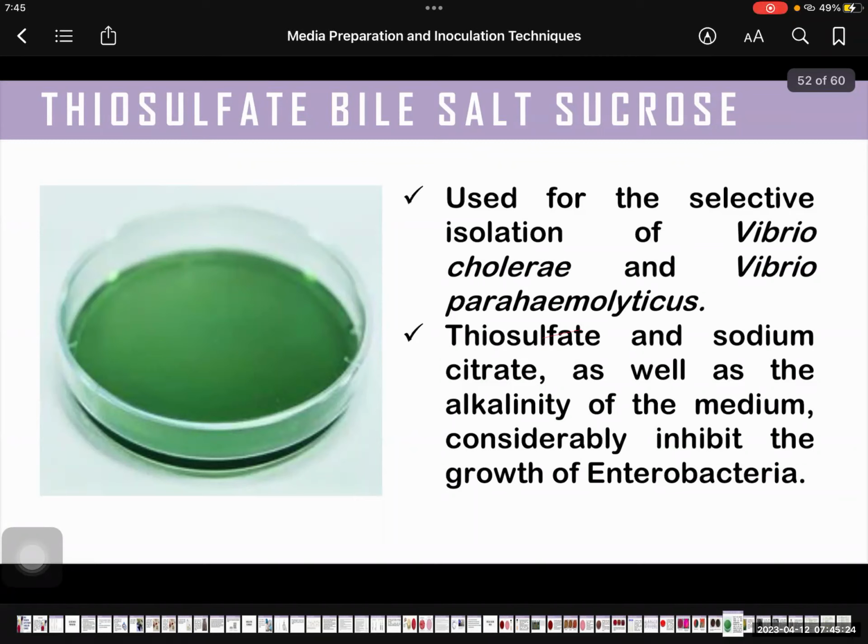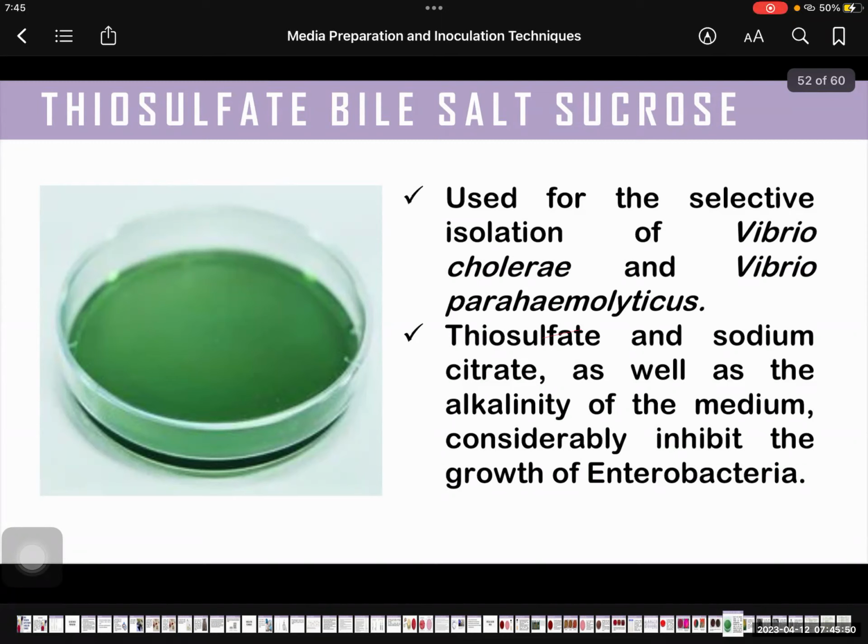So the alkalinity of this inhibits the growth of Enterobacteriaceae, and it's also a very good environment for Vibrio species, specifically Vibrio cholerae, to grow in. Gusto nila ng mas alkaline na environment. Therefore, if you hear alkaline peptone water, that is also for the growth of Vibrio species, particularly for Vibrio cholerae.